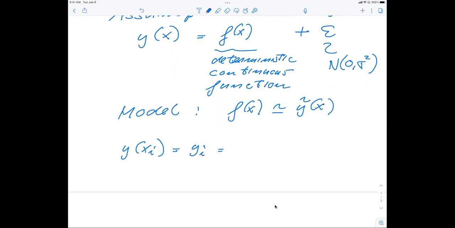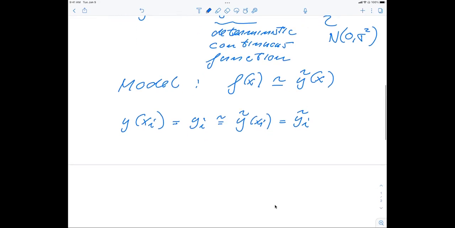If I now take away the noise, I'm going to approximate that one with a y tilde of x of i, and this is equal to y i tilde. And this y i tilde could now be a polynomial.